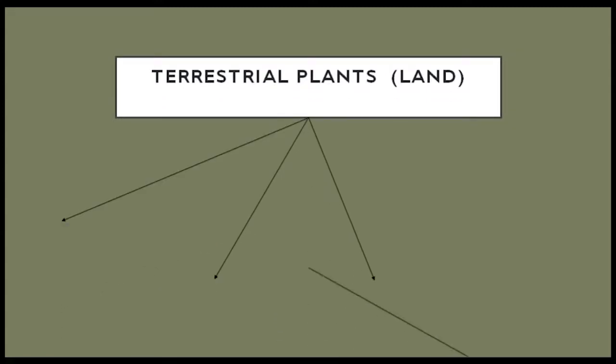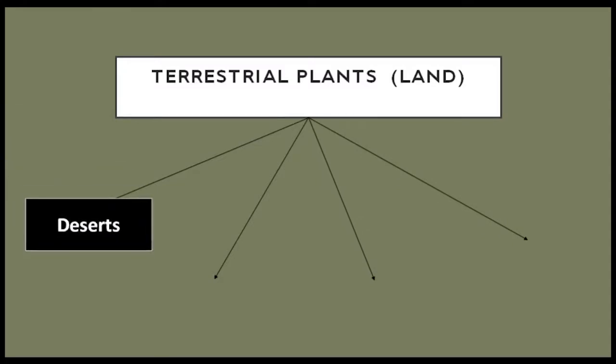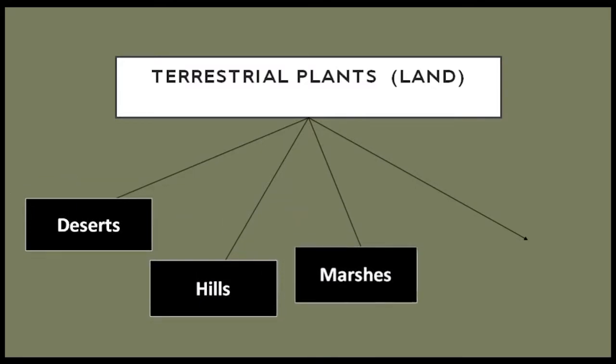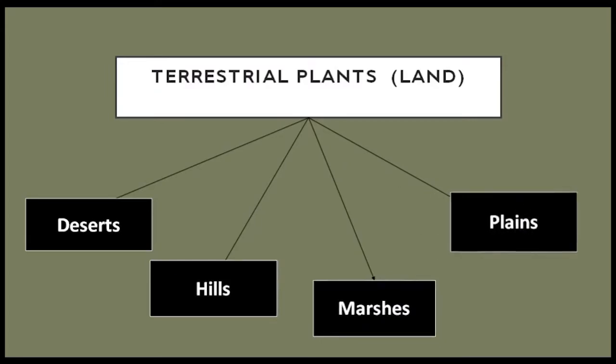We will study first the terrestrial plants. They are again divided into 4: the first one is deserts, the second one is hills, the third one is marshes, and the fourth one is plains.